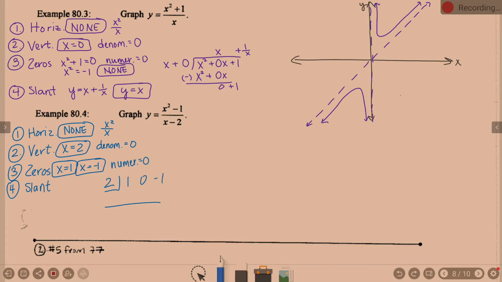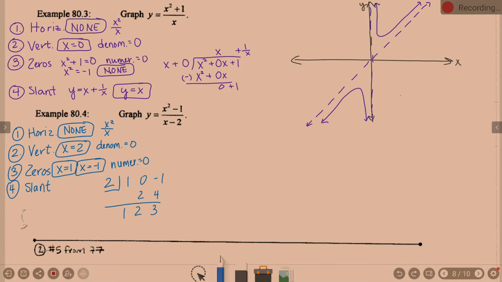Because you have to have placeholders here. Incredibly important in this situation. Drop the 1. 2 times 1 is 2. 0 plus 2 is 2. 2 times 2 is 4. Negative 1 plus 4 is 3. Are you guys okay with that?